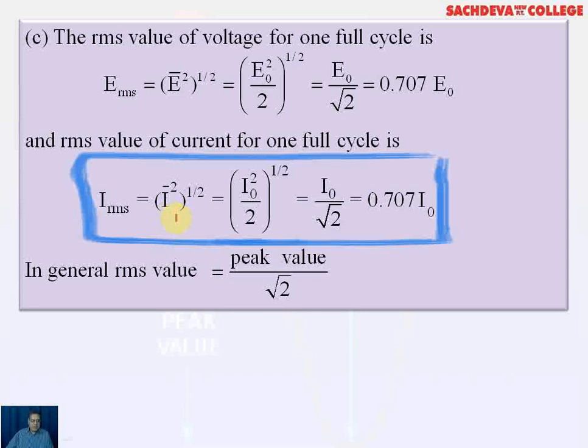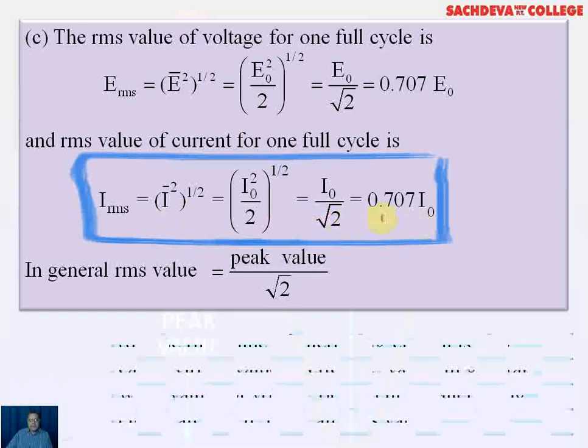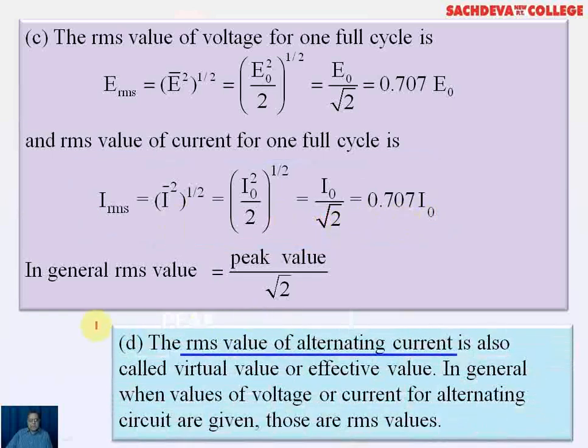In general, the RMS value is the peak value divided by root 2. If you want a further simplified value, multiply and divide by root 2, and we get the number 0.707. The RMS value of the alternating current is also called the virtual value or the effective value. In general, when values of voltage or current for an alternating circuit are given, those are RMS values.